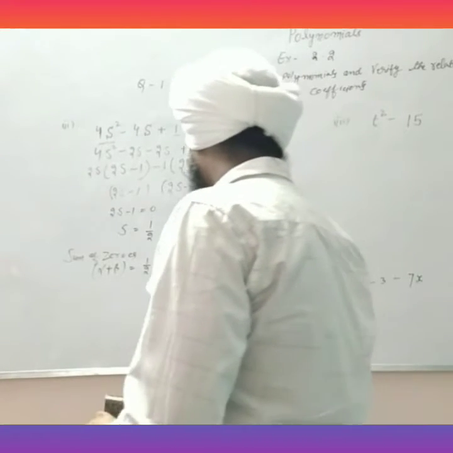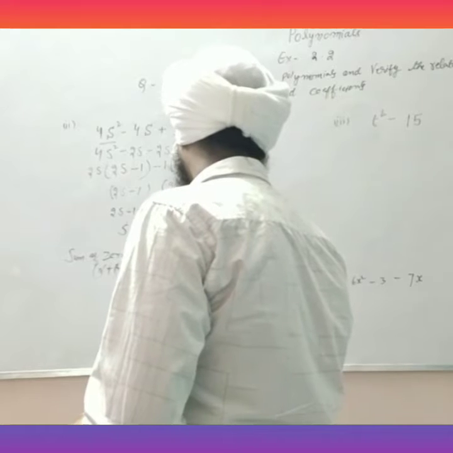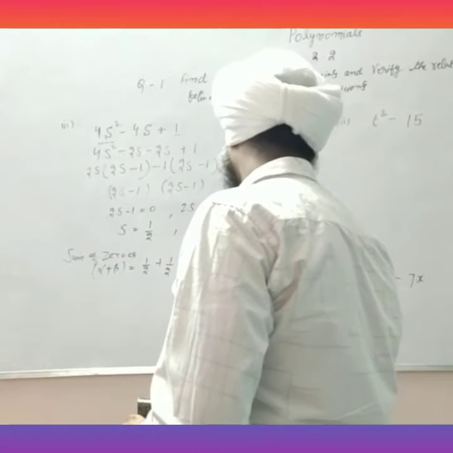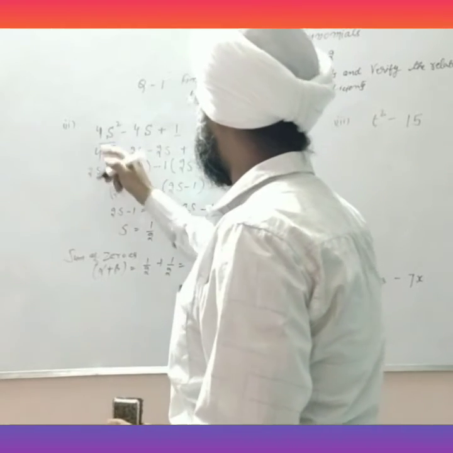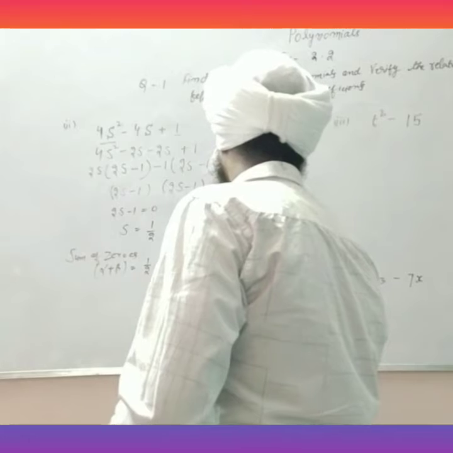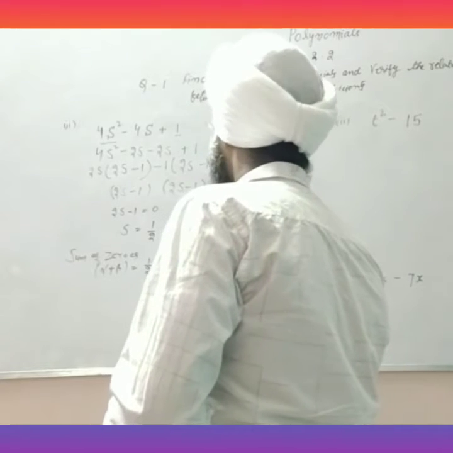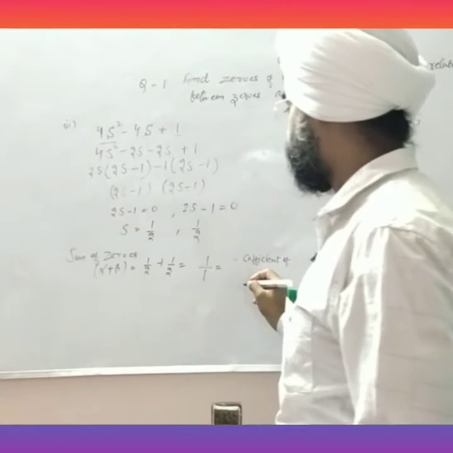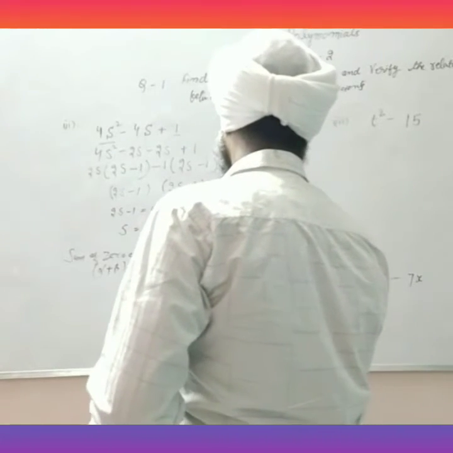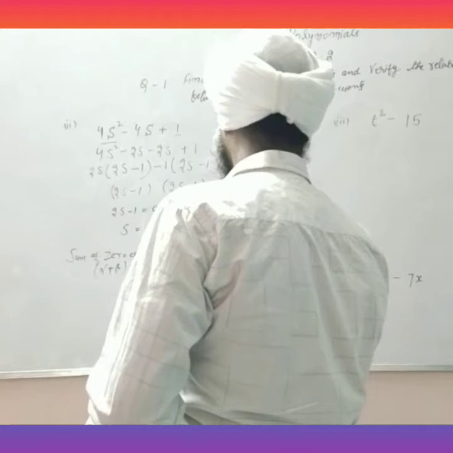1 can be written as 1 upon 1, equal to minus coefficient of s upon coefficient of s square.